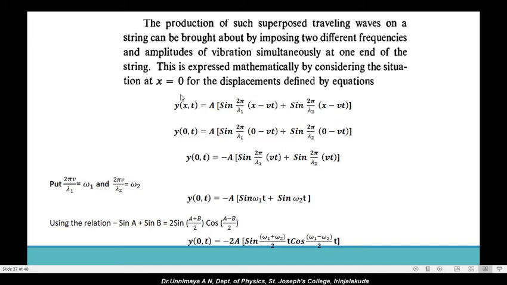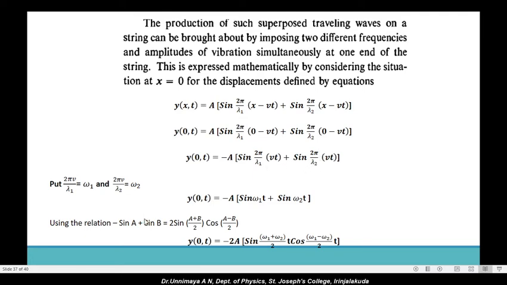In this equation, consider the situation x is equal to 0. That is, in practice, we consider the superimposition at one end of the string. That one end of the string is x is equal to 0. So here we substitute 0 for this x value, and we get y(0, t) is equal to minus sin 2 pi by lambda 1 vt plus sin 2 pi by lambda 2 vt.